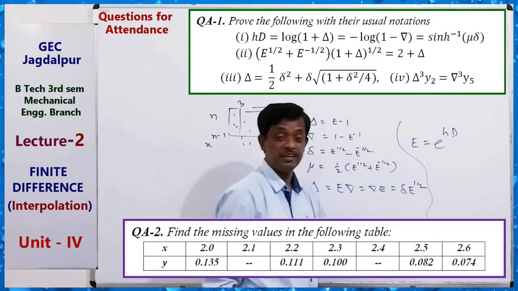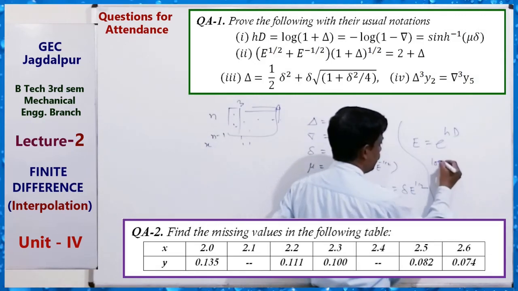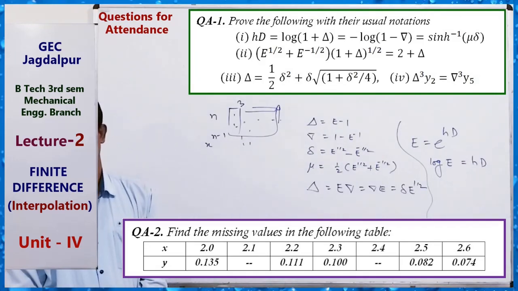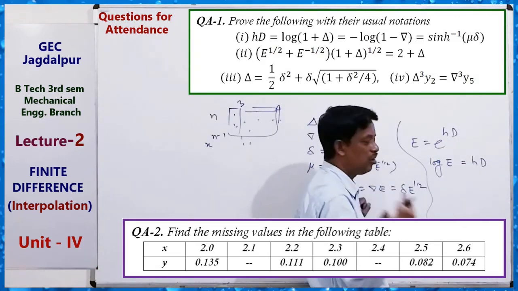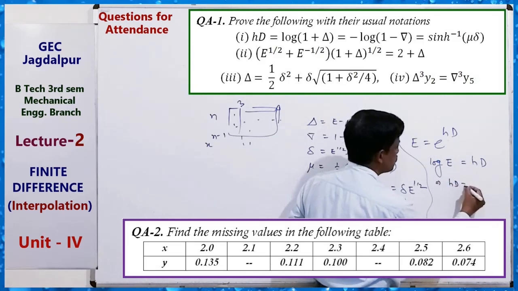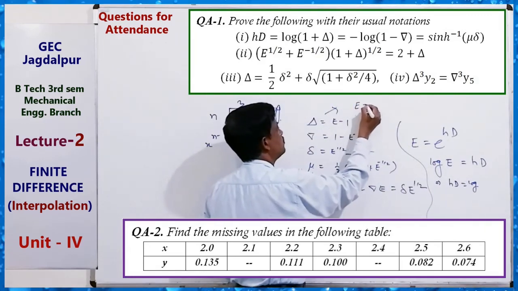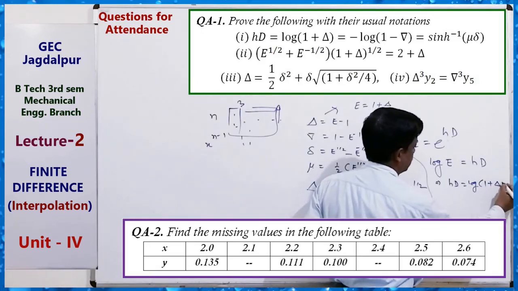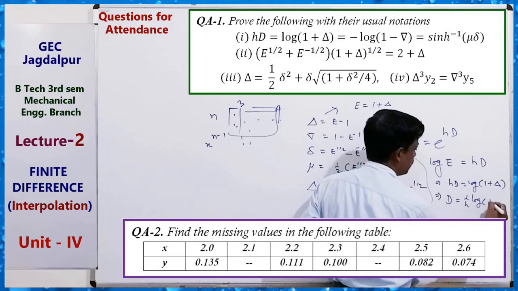From here we can get a formula: log E equals hD. Taking log, hD equals log E. E means 1 plus del, so we can write D equals 1 by h log(1 plus del).